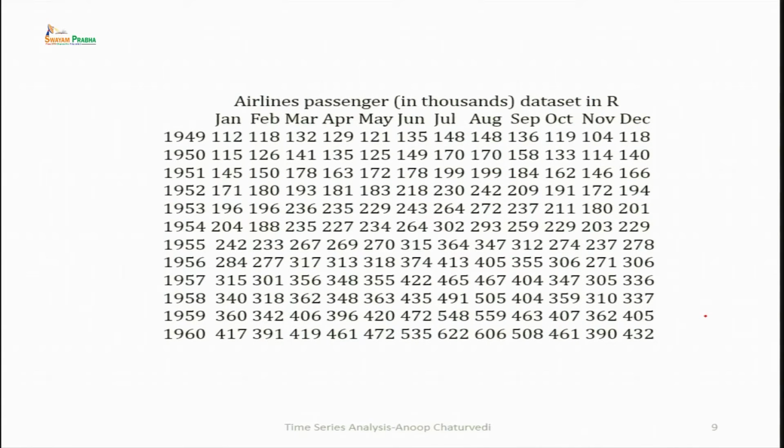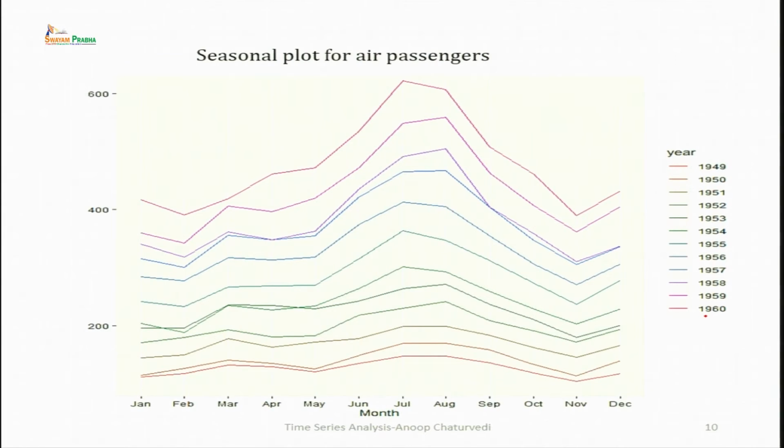Now, here is the airline passenger data, which is available in the software R. I am showing this data set because I am going to use it for future graphs. We have plotted this data set using the seasonal plot. Again, different years are shown using different colors.